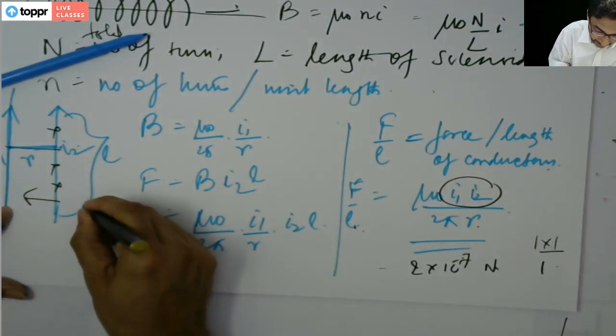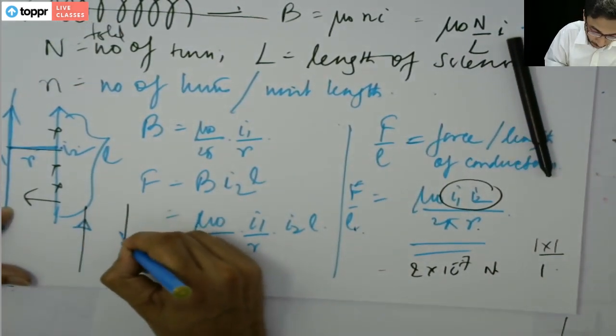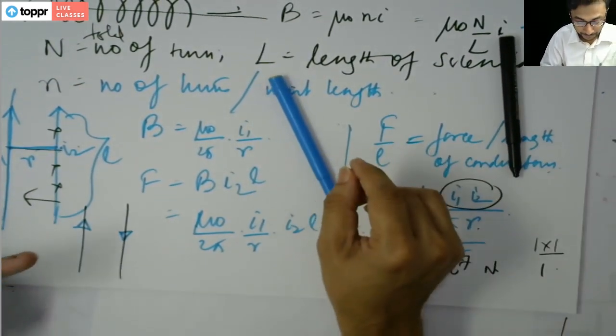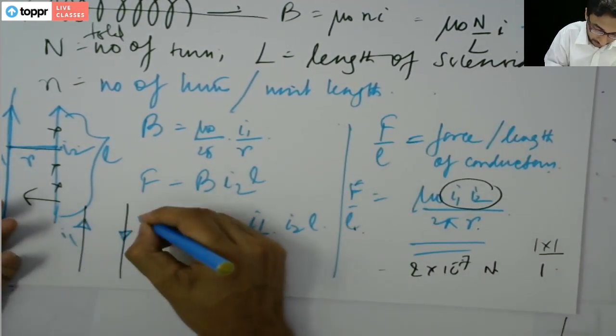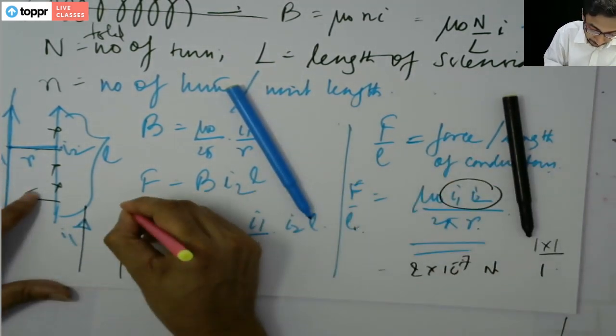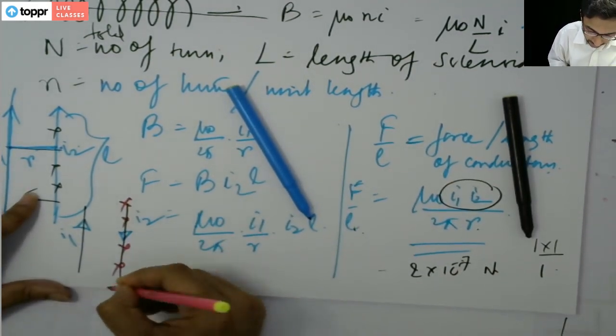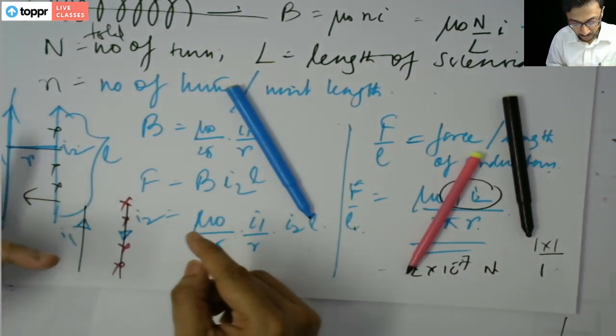And you can have another thought experiment. If the directions are opposite, then what will happen? Say this is I1, this is I2. For I1 the B is generated in the downward direction. Clear? B in the downward direction.